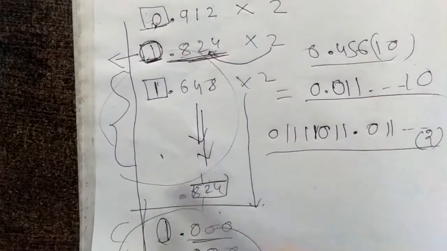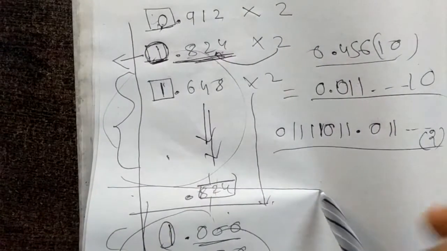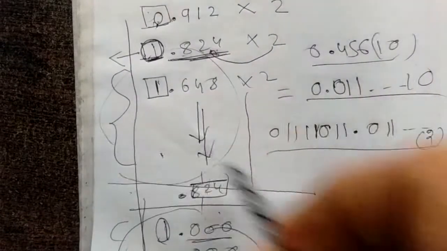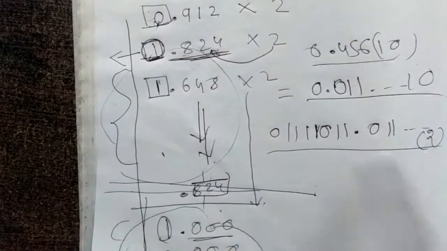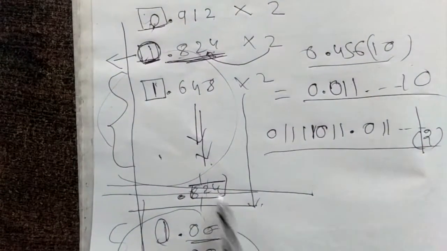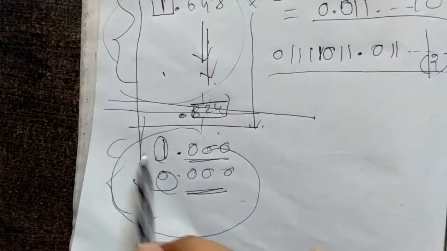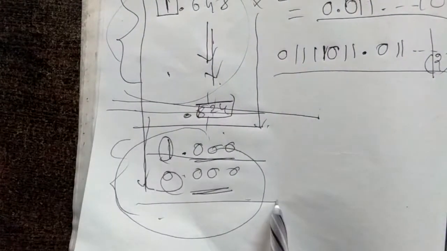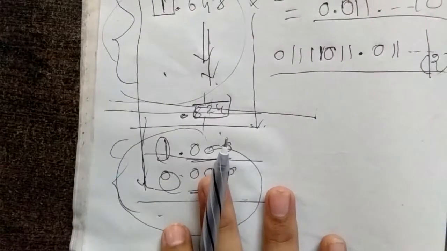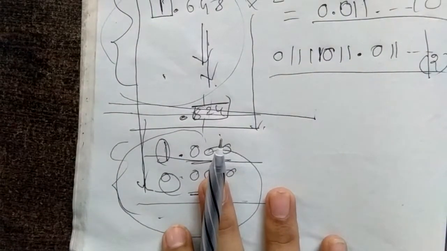So we stop the multiplication at that point. We write it till here and then stop it, or else, if we are not getting repeated values, we go until getting 1.00 or 0.00. This is how you convert the given decimal number into a binary number.